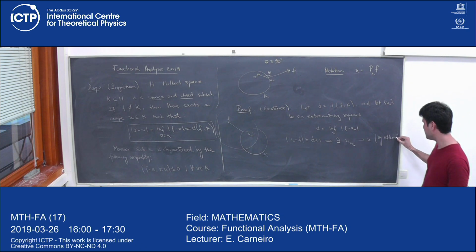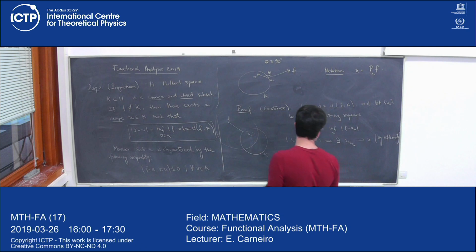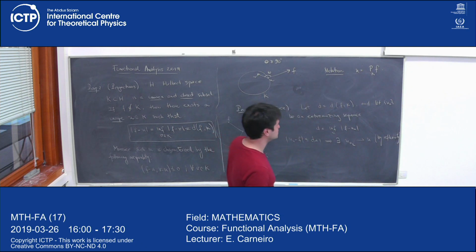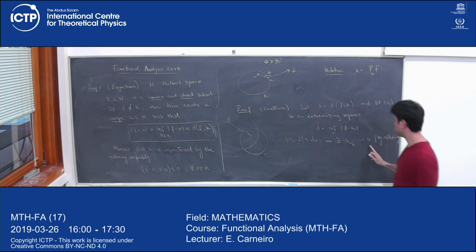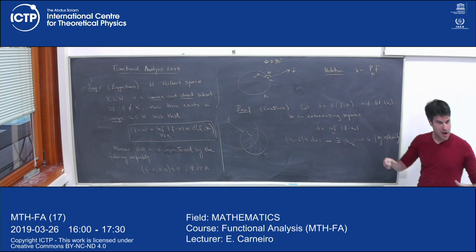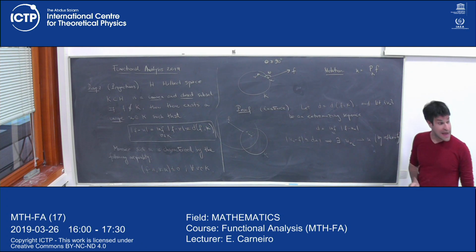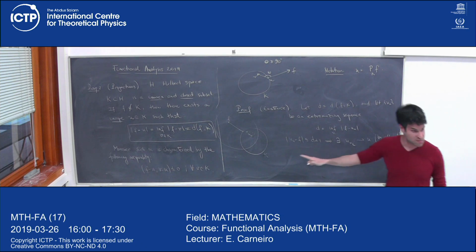Now I'm going to use two facts here. First, if you have a bounded sequence, there is a subsequence that converges weakly to something in your space, H. So this U here belongs to H. Another fact: I would like to show that this U actually belongs to K.